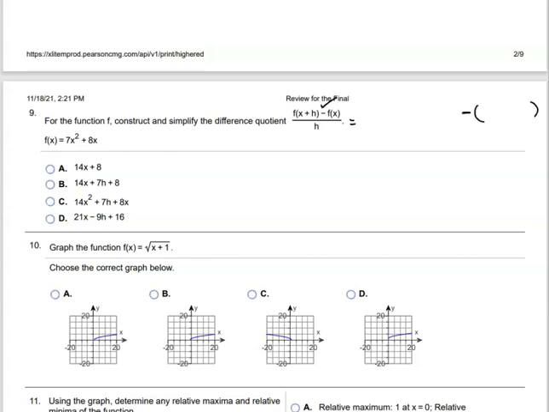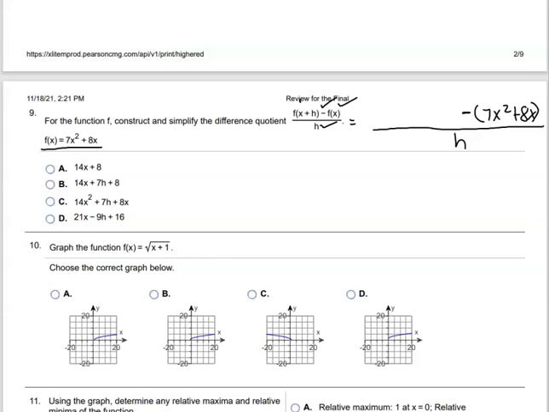I'm going to write down f of x. They tell me f of x is 7x squared plus 8x. So I know that this would be 7x squared plus 8x. That's this part. Okay, it's pretty easy for me to do the bottom, which is h. Took care of that. Now I want to take care of this part.